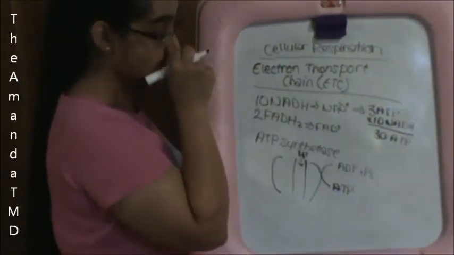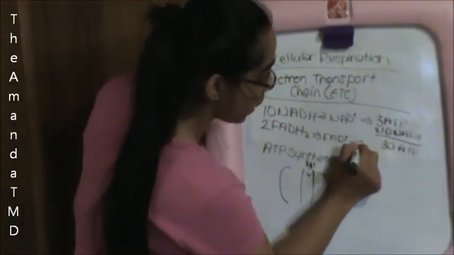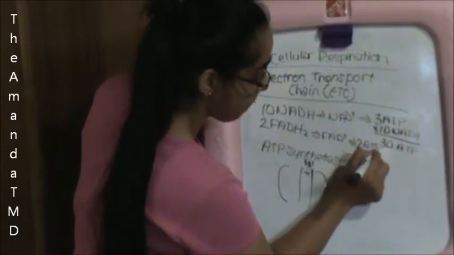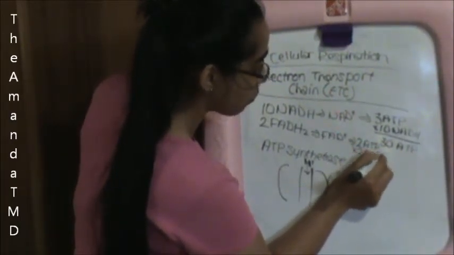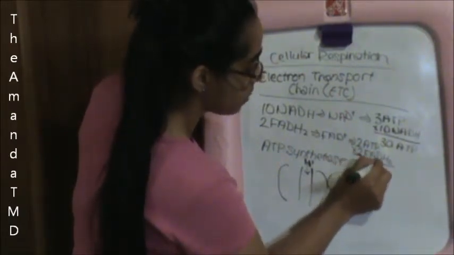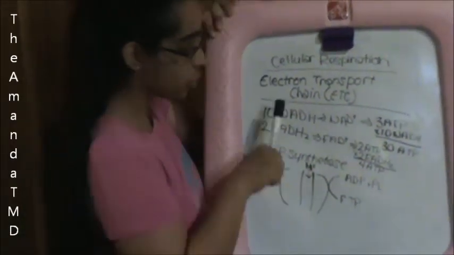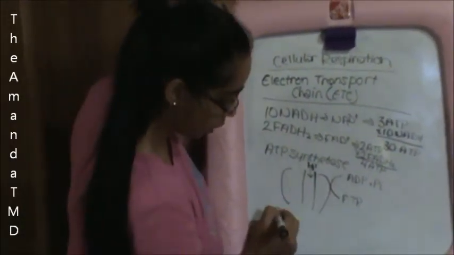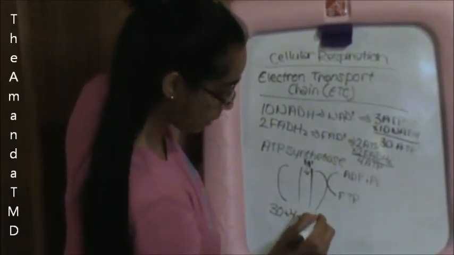The FADH2s, each one produces 2 ATPs, times 2 FADH2s that you have gives you 4 ATPs from those. So when you add these two, just from your ETC, you have 30 plus 4 gives you 34 ATPs.